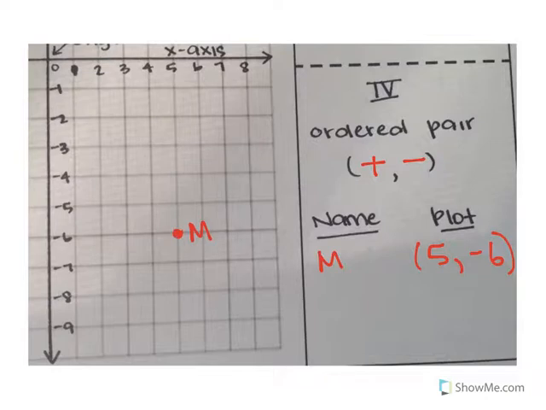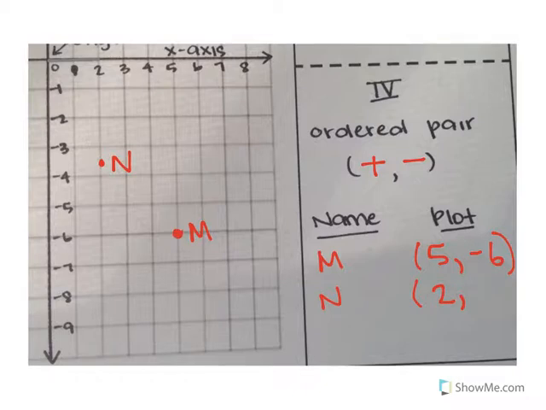Let's take a look at plot point N. To get to plot point N, I had to travel 2 units along the x-axis to the right from the origin, and I noticed that N is directly beneath me at that point. So my x-coordinate for point N is going to be positive 2, because from the origin I traveled 2 to the right.